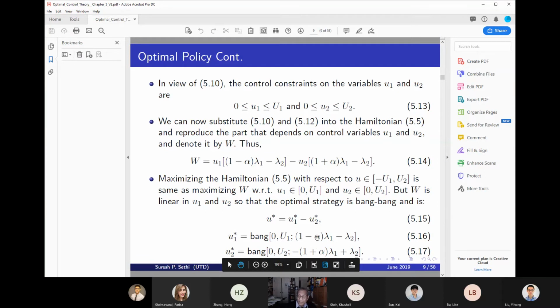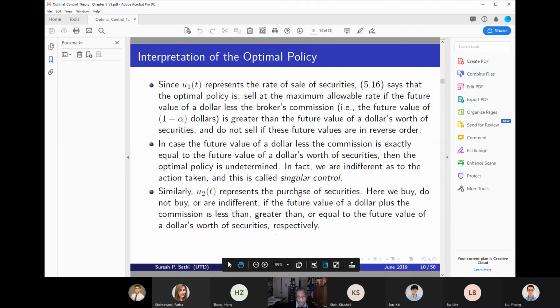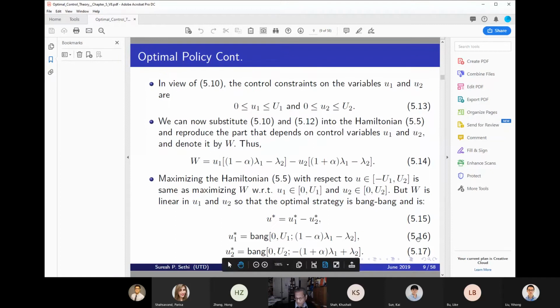Now you see we want to find the meaning of this. And now let's see why this is optimal. It's easy to see why this is optimal. U1 represents the sale of securities. Equation 5.16, which is this one, says that if this is bigger than 0, I sell as much as possible. Look what happens. If I keep the money in cash, its value is lambda 1. If I keep the money in bond, its value is lambda 2.